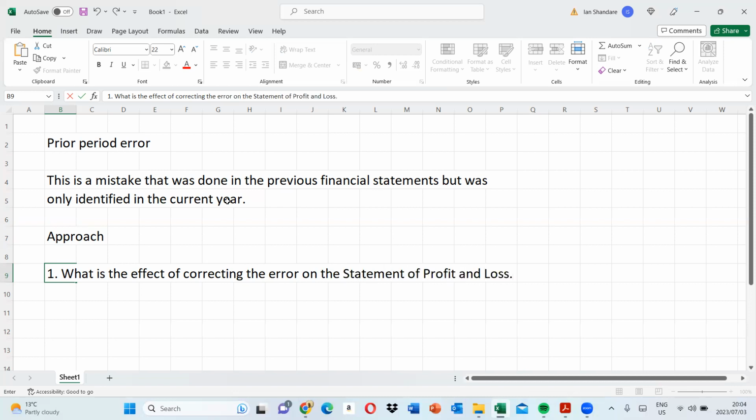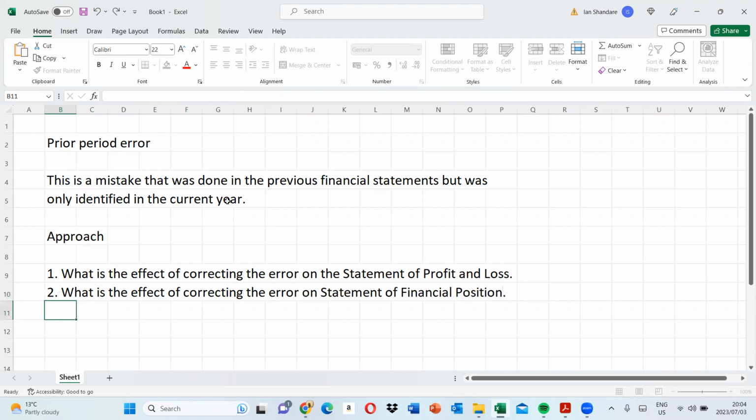Remember, we did use this approach as well when looking at changes in accounting policies. And then the next one is, what is the effect of correcting the error on the statement of financial position? All right, so that is how we deal with the prior period error.